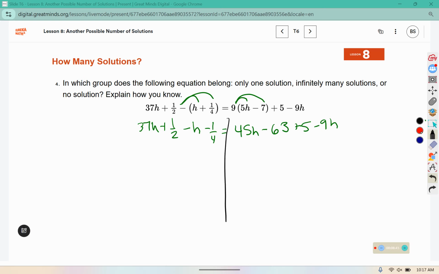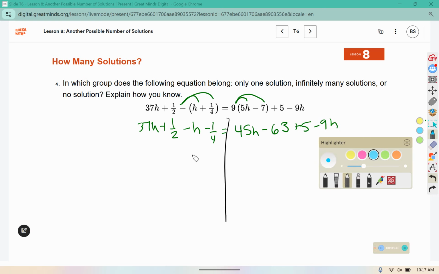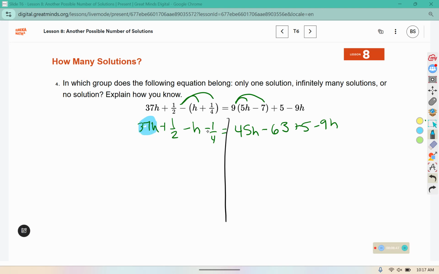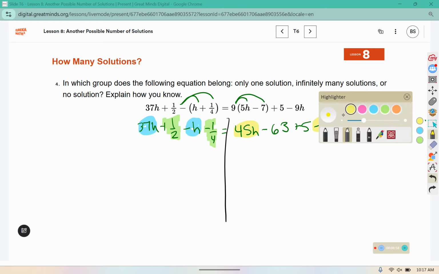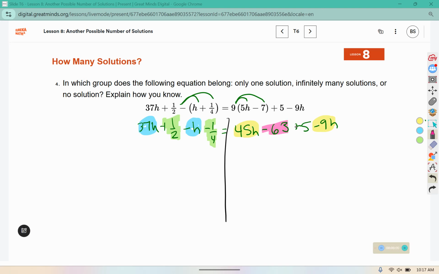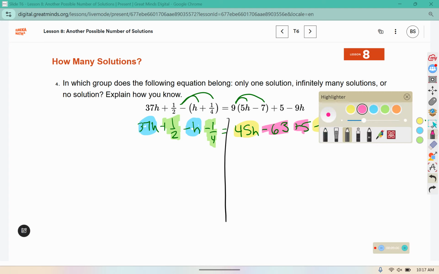Now we'll combine our like terms. The h pieces can get combined, and the number pieces can get combined. Then over here, the h pieces can get combined, and the number pieces can get combined. But we don't want to combine them on this side with this side because they're in two different regions.